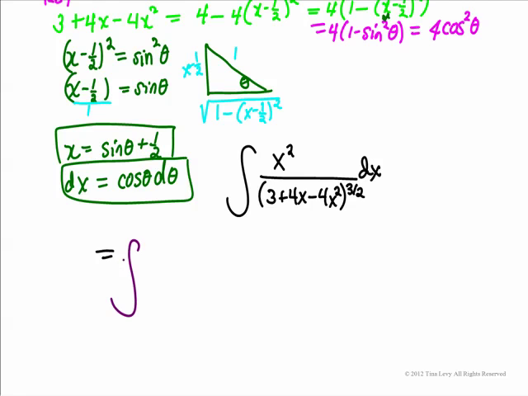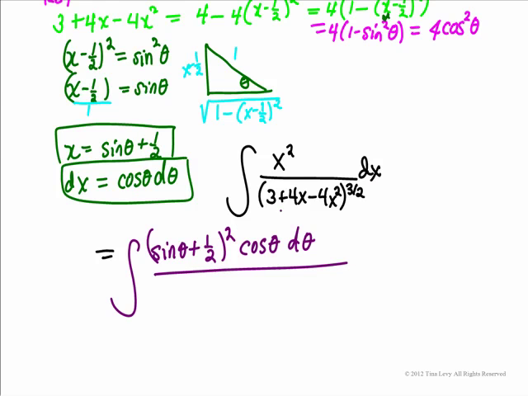For x, I'm going to put (sine theta plus a half) squared. dx is cosine theta d theta. Now the parentheses was 4 cosine squared, but it's to the 3/2 power, so it's the square root of 4 cosine squared theta, cubed.